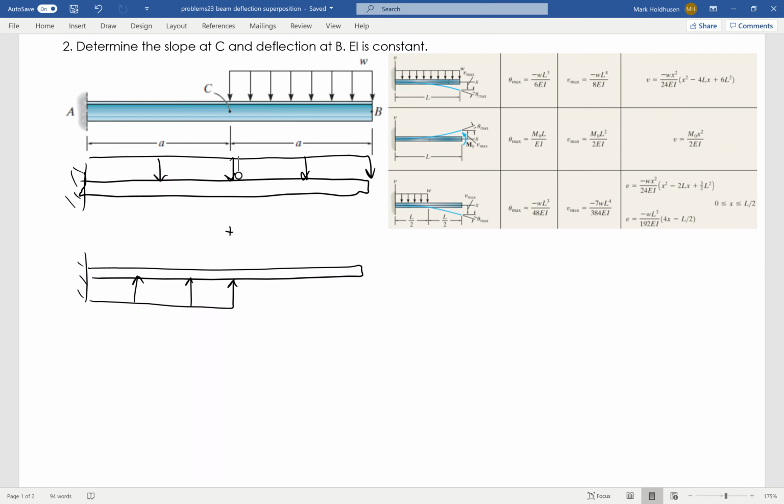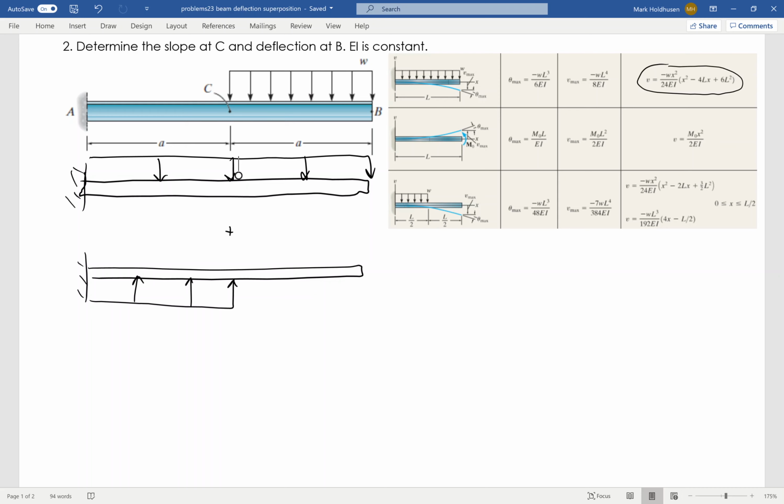So what I'll do for the slope, I'm going to use this equation, and I'm going to take a derivative of it to find the slope, right? And that's basically how a derivative works.